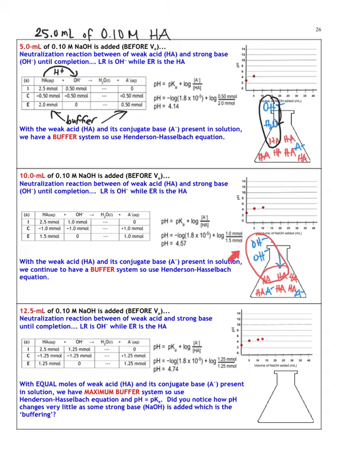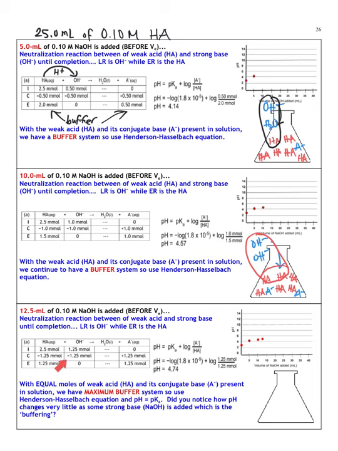I guess I should have been a little more vigilant of the amounts, but it's okay. You see the difference, though. You see more HA than there is A minus. That's why this solution is still acidic. You're always looking to see what is still causing it to be acidic, and there's more acid than the conjugate base present.